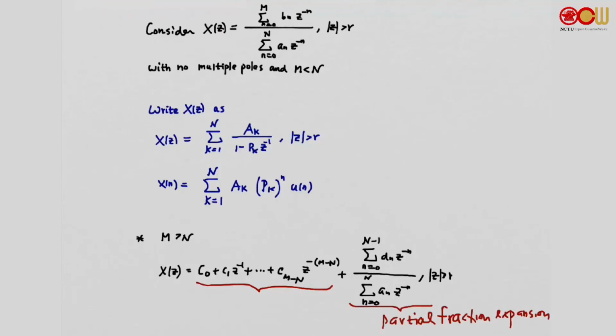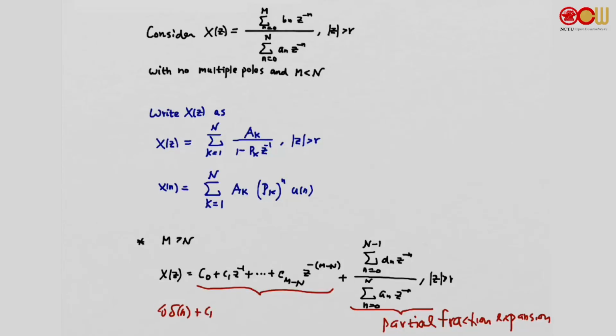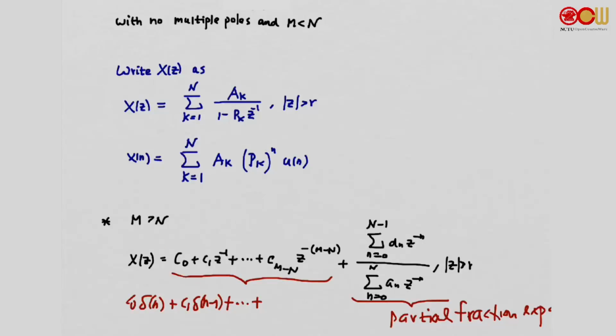For the second part, we can apply partial fraction expansion like we did earlier. And for the first part, the inverse Z-transform gives us c0 delta[n] plus c1 delta[n-1] all the way to c_{M-N} delta[n-(M-N)].